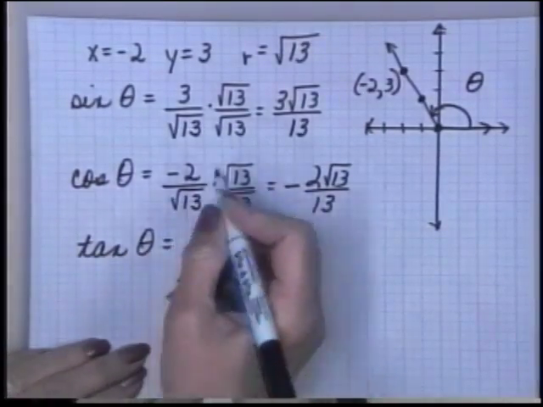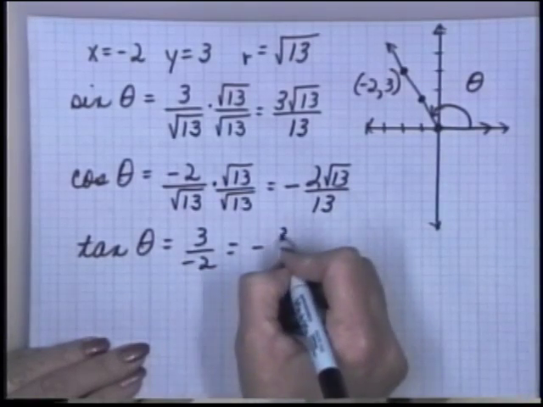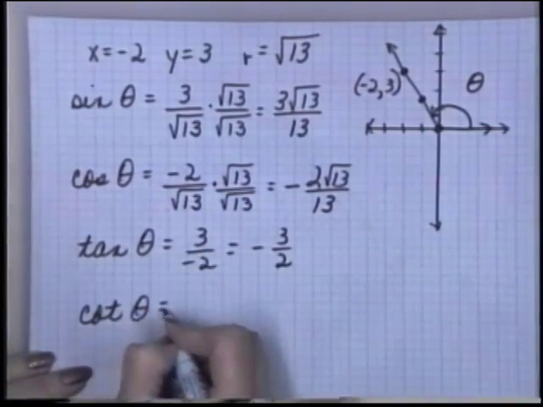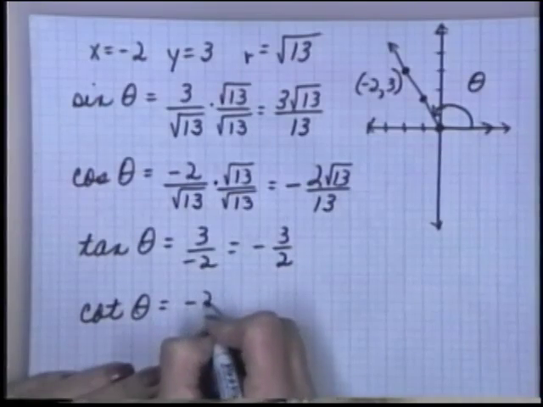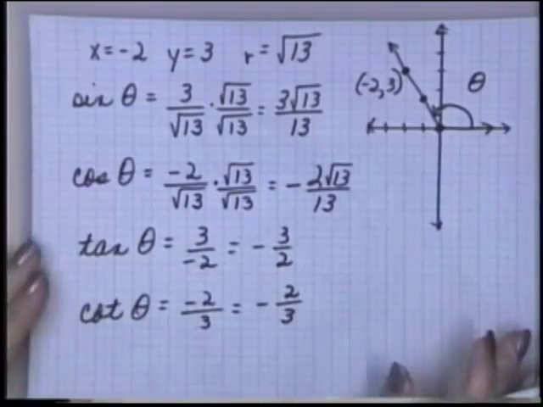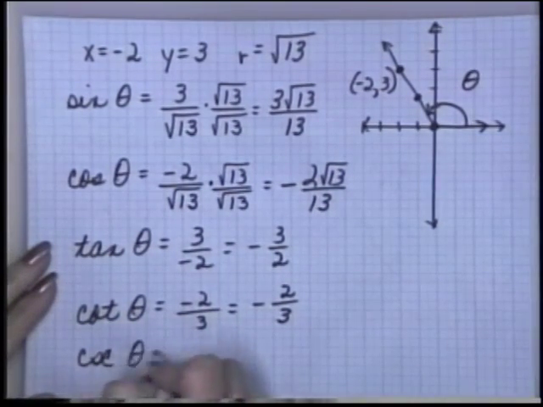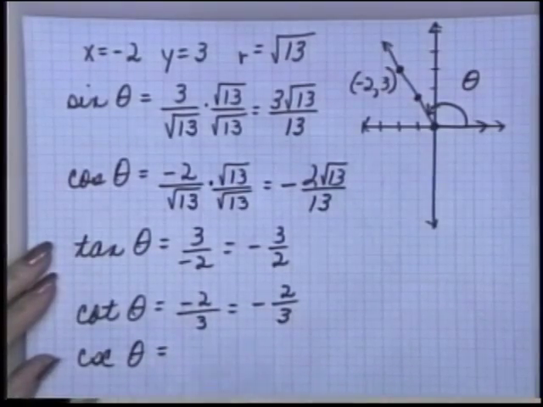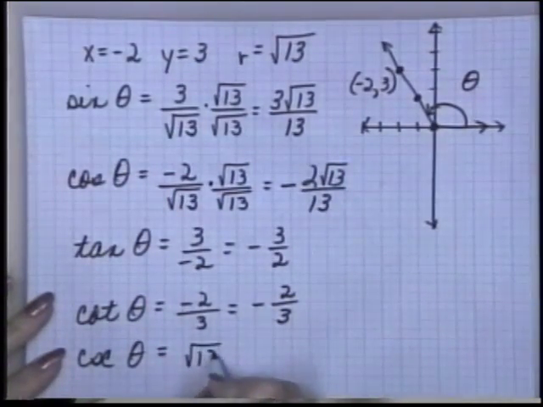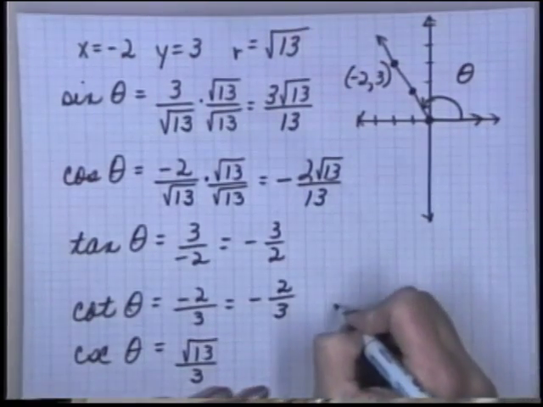For my tangent, my y over my x, and let's write that as negative 3/2. For my cotangent, my x over my y, we'll write that as negative 2/3. For my cosecant of theta, my cosecant of theta is my r over my y. And I can leave that alone, can't I?